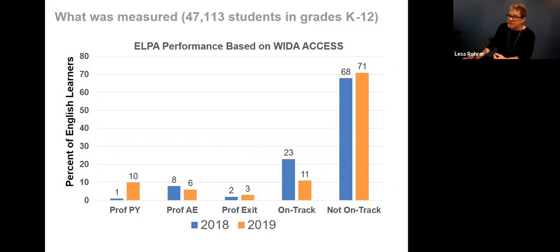We have students that are still in their language acquisition programs, but they're on track, meaning that they scored where they needed to make the progress they need to exit on time. And then we have students that are not on track. And this represents the percentage of students that we had in each of those. So it looks like we have a little bit of work to do in our ELPA indicators.